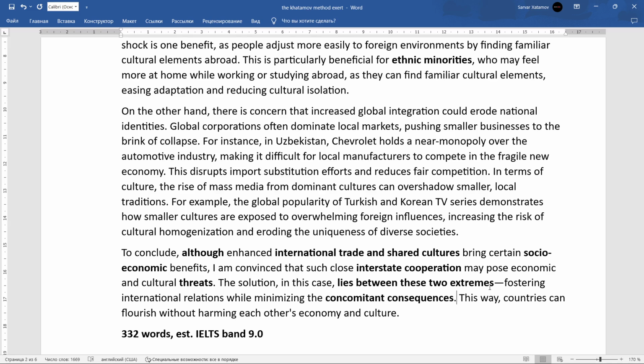This way, right? This is very natural, just two words. Instead of saying as a result, in certain contexts, I'm not saying that this is universal stuff, in only certain contexts. Instead of saying as a result or therefore, you can use this way because it's more natural. Countries can flourish without harming each other's economy and culture.